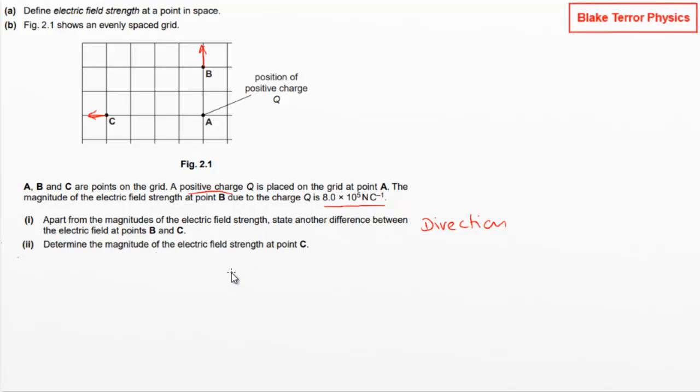Determine the magnitude of the electric field strength at point C. Well, electric field strength is E equals F over Q, that's our force per unit charge.